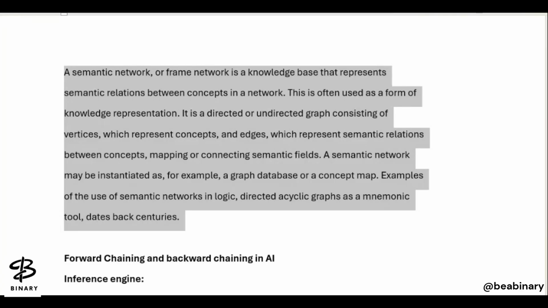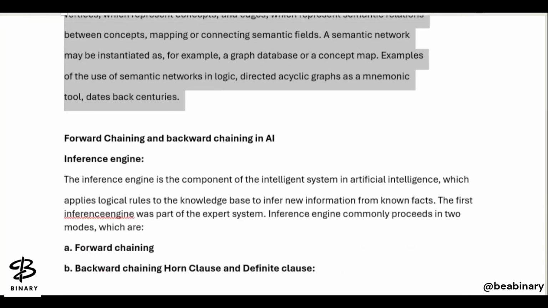A semantic network may be instantiated as, for example, a graph database or a concept map. Examples of its use include logics, directed acyclic graphs, and other semantic graphs that we have talked about.